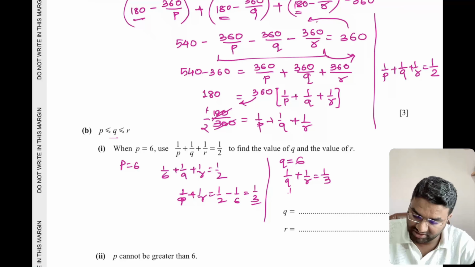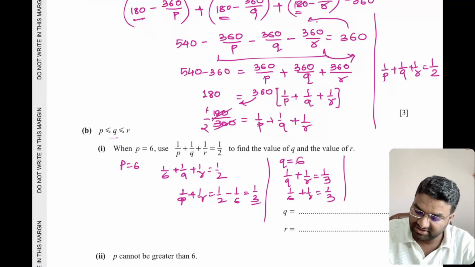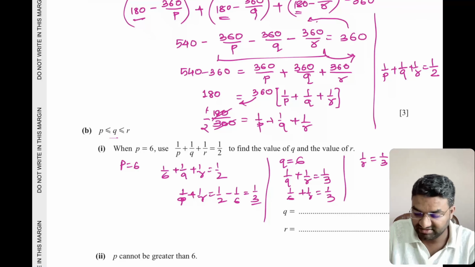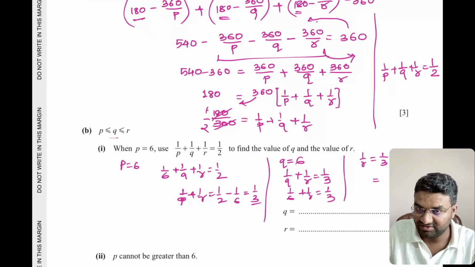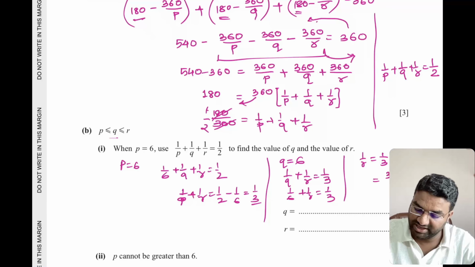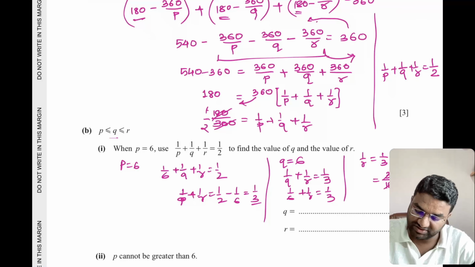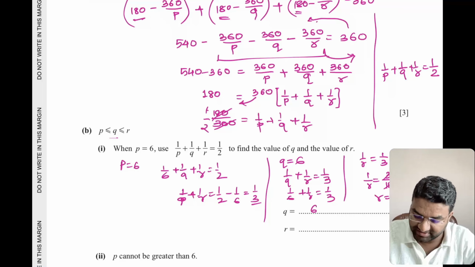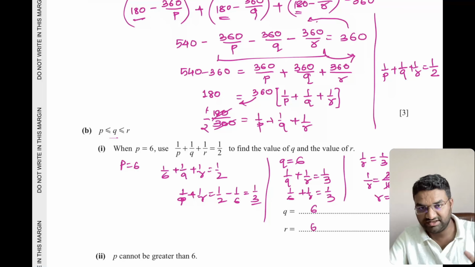Then 1 upon 6 plus 1 upon r is equal to 1 upon 3. So 1 upon r is equal to 1 upon 3 minus 1 upon 6. So it's 6 minus 3, which is 3 upon 18. So r is also 6. Fine, so this is a possible case: 6, 6, and 6.